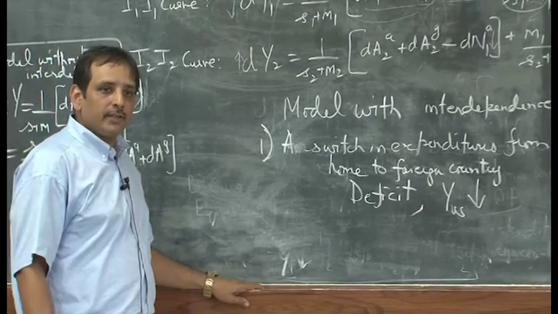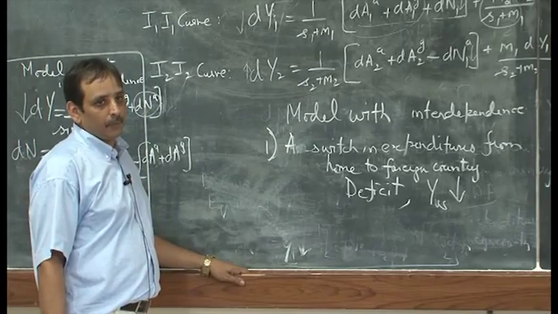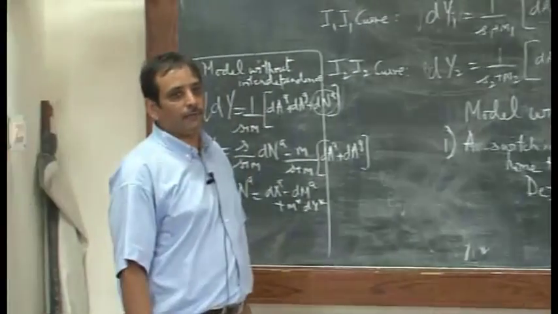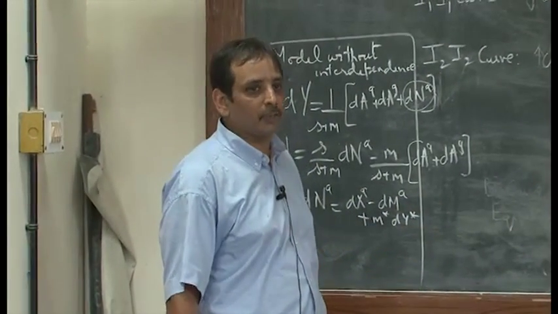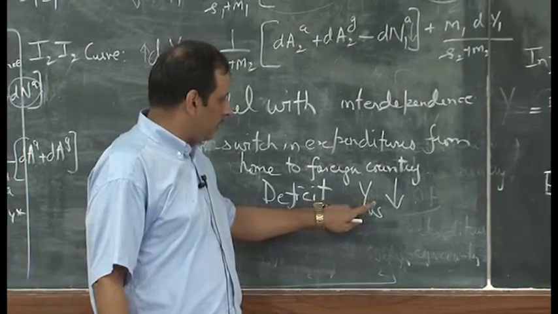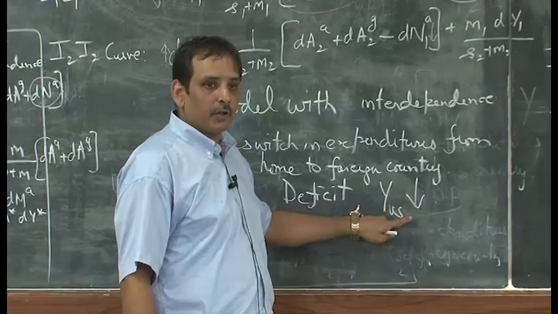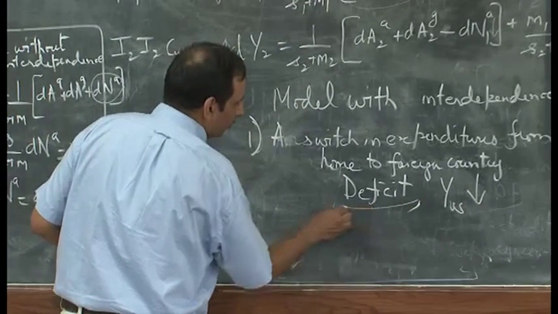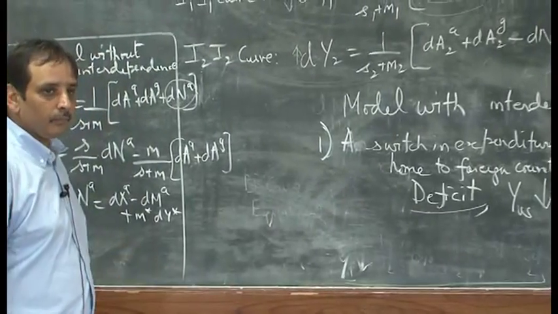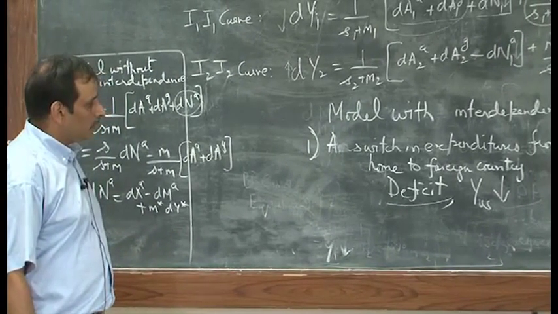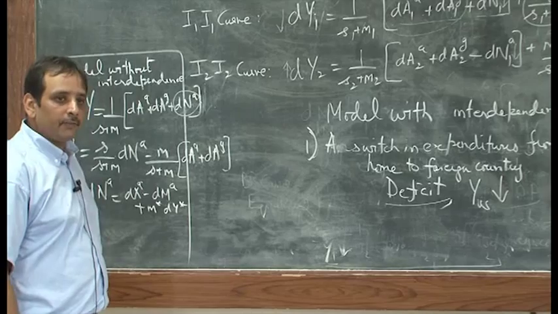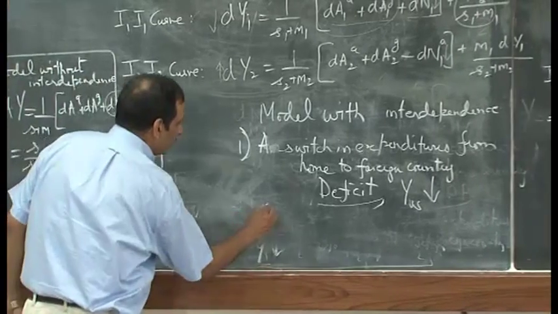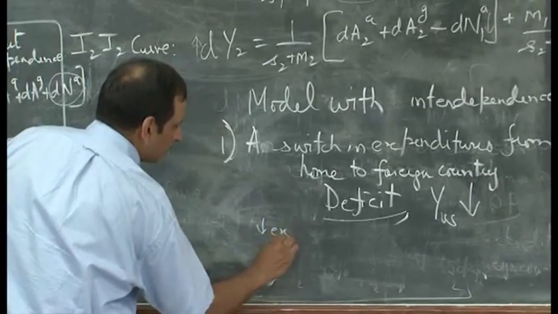So the appropriate policy is switching back. What would have happened if he had adopted expenditure changing policies? Now there is a deficit here and the incomes have come down. What would have happened if he wants to take care of the deficit? If he wants to take care of the deficit, he would reduce expenditures.